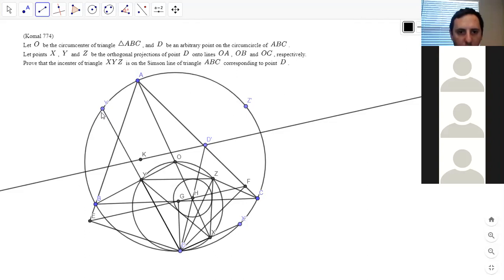Yeah. Okay. So, yeah, I don't think we really need X, Y, Z, or this circle. Well, we could keep them. We just don't need the segments. And also the little circle.